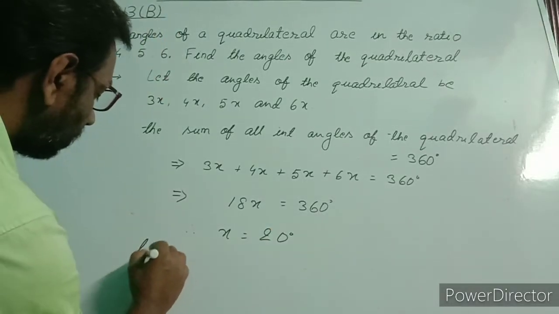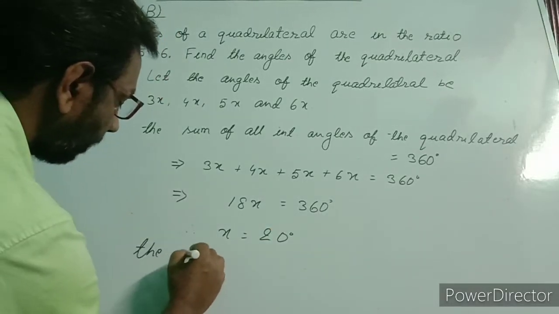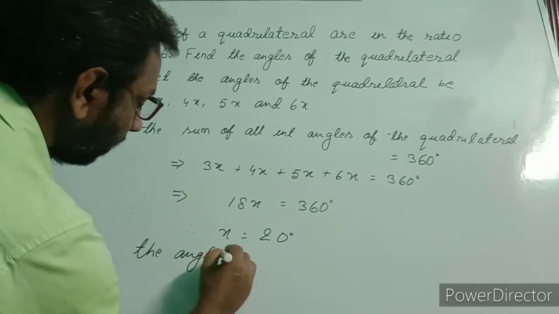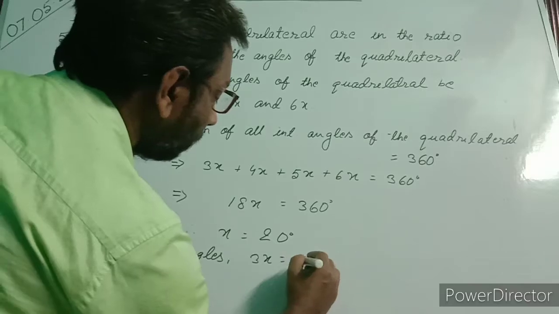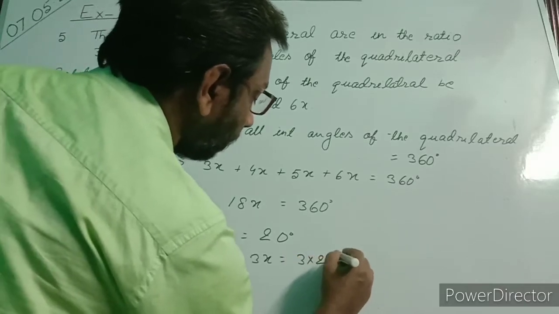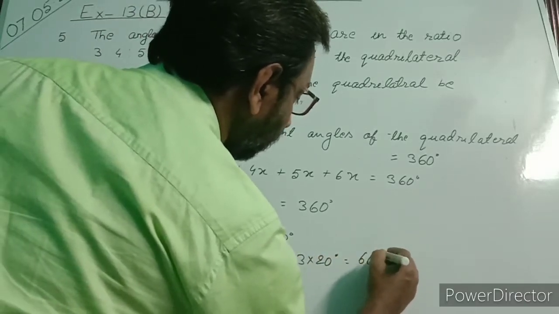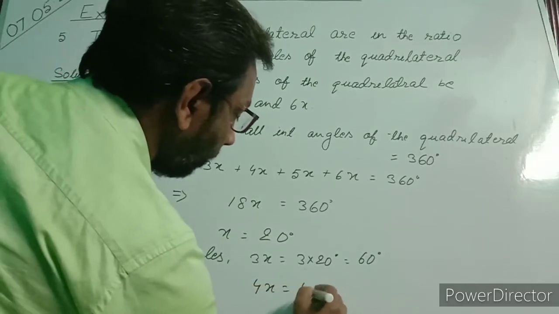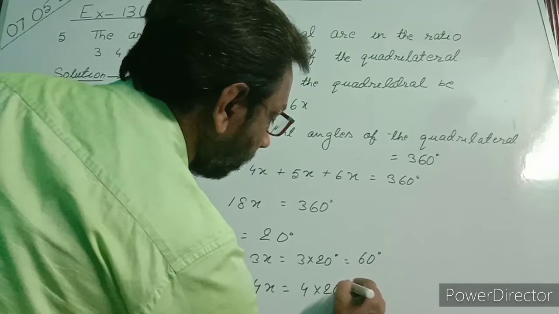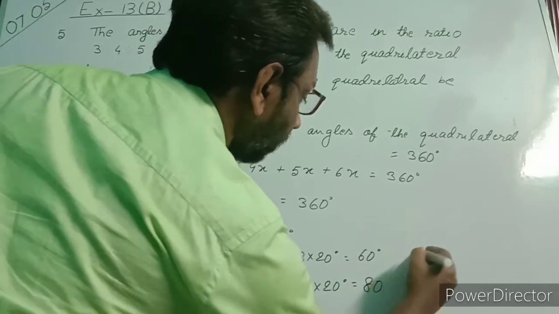The angles of the quadrilateral: first, 3x equal to 3 into 20 degrees, 60 degrees. Second is 4x, 4 into 20 degrees equal to 80 degrees.